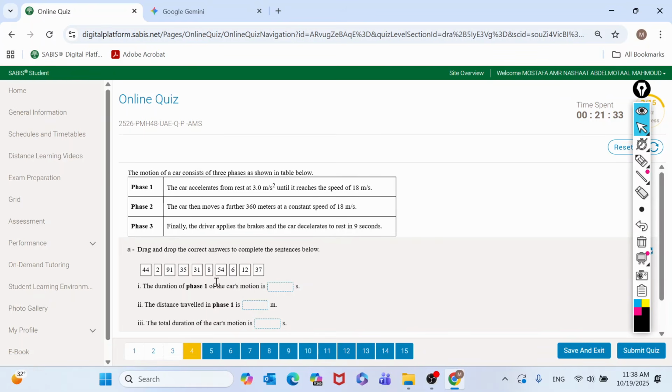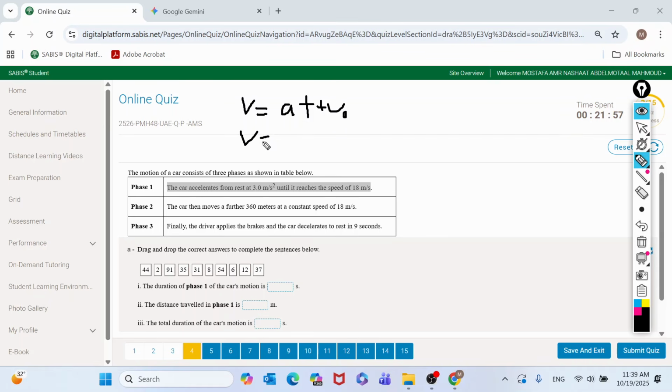The duration of phase 1 of the car's motion. In phase 1, a car accelerates from rest at 3 meters per second squared until it reaches a speed of 18 meters per second. So V equals A T plus V0.